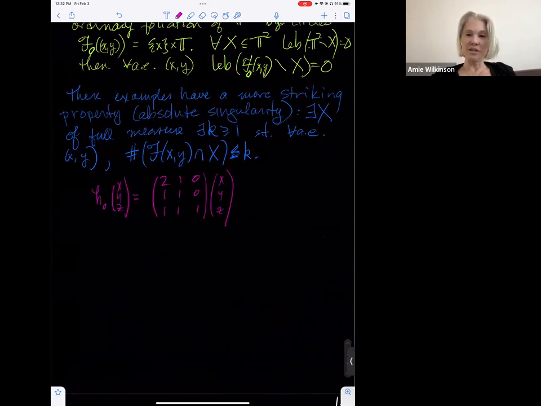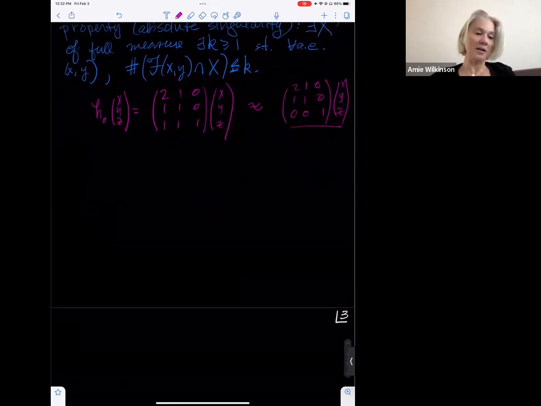So this is an example. This is actually linearly conjugate, by an automorphism of the torus, to this map 1, 1, 0, 0, 0, 1. So after a smooth, in fact a linear, change of coordinates, it's this map over here.